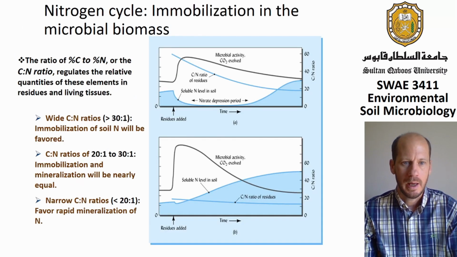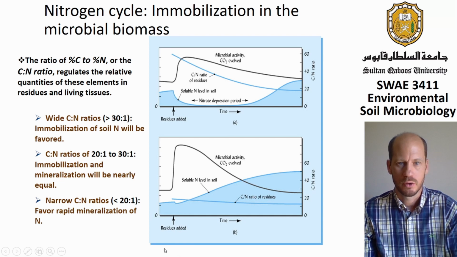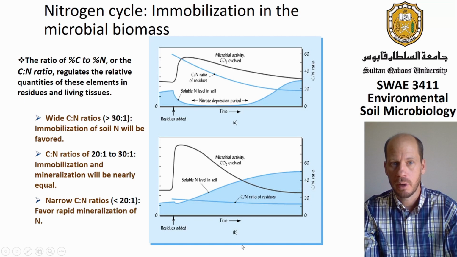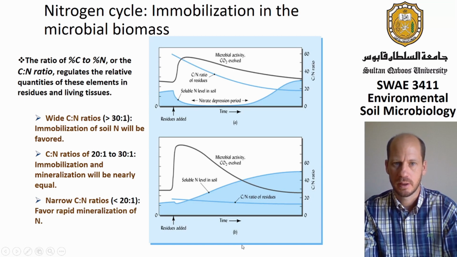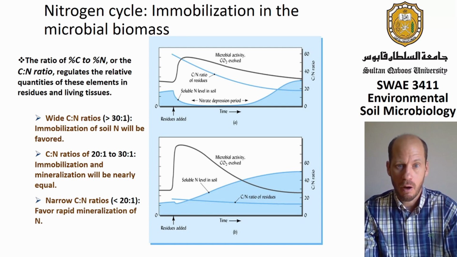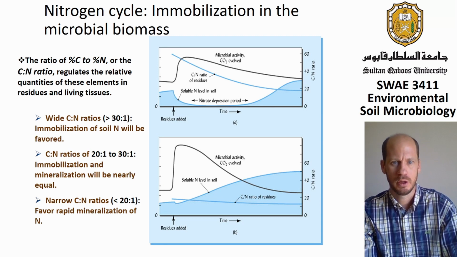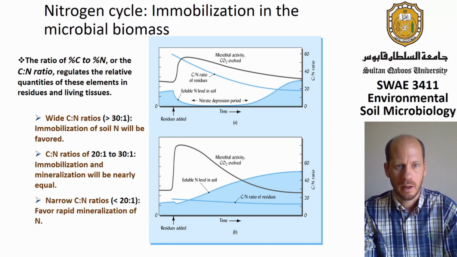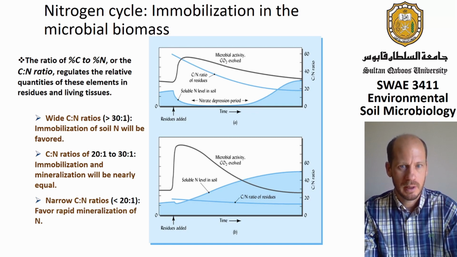Now, when you add ammonium fertilizers to soils or nitrate fertilizers to soils, this will be immobilized in the microbial biomass. Whenever you have a carbon source in the soil, any organic matter that the microbes can use, the microbes will take up this carbon, the heterotrophic community will degrade this carbon, and will also need to take a good amount of nitrogen.